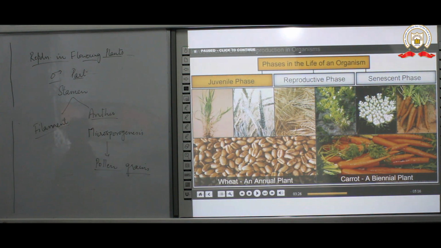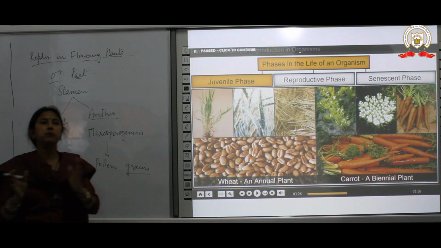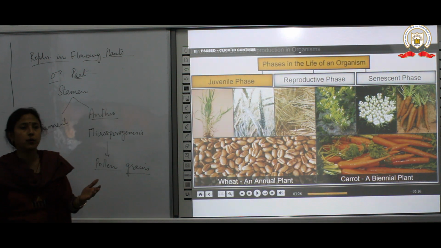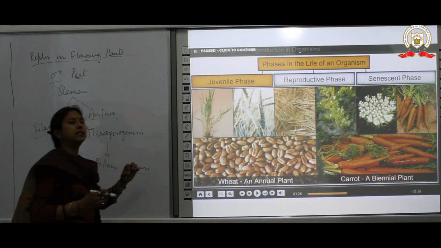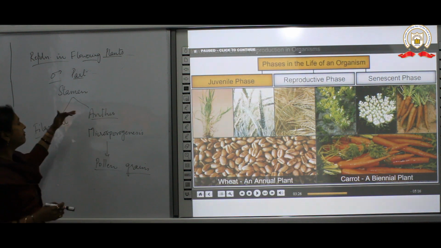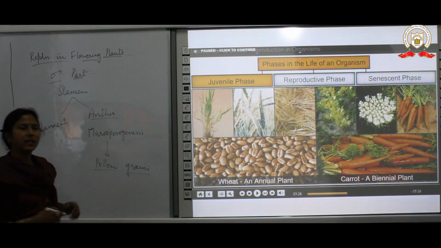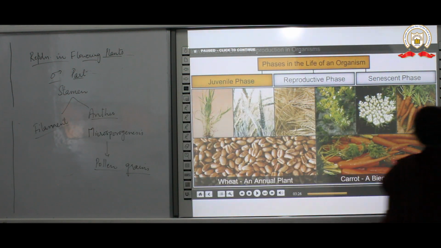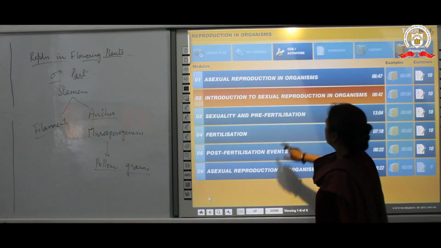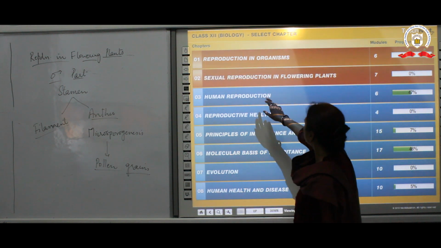Now, anther is usually a structure which varies from species to species. That can easily be observed if you observe different types of flowers around you and observe these anthers and their pollens on a slide. You will find that they vary from one plant to another. But the process of their development and formation is just the same.